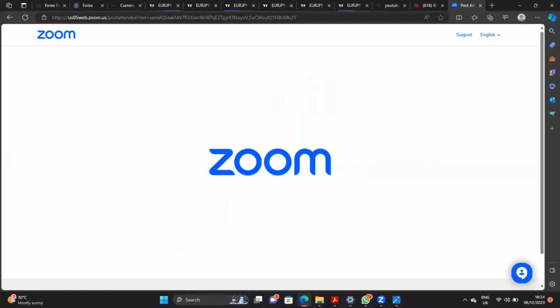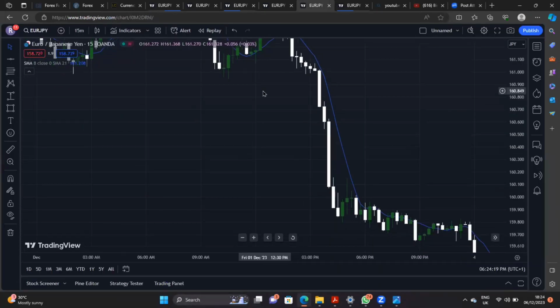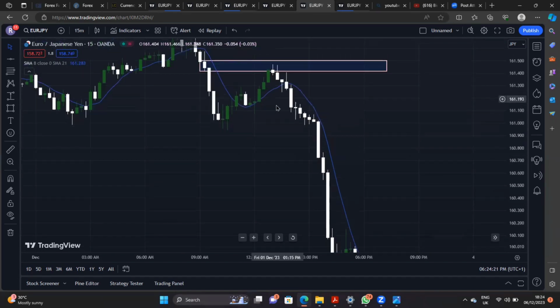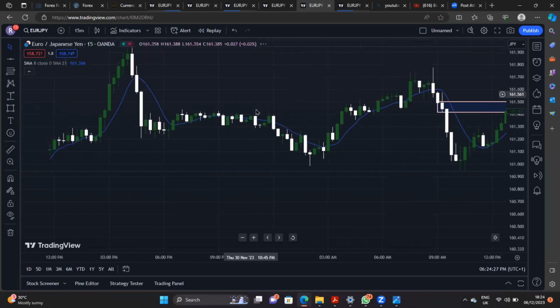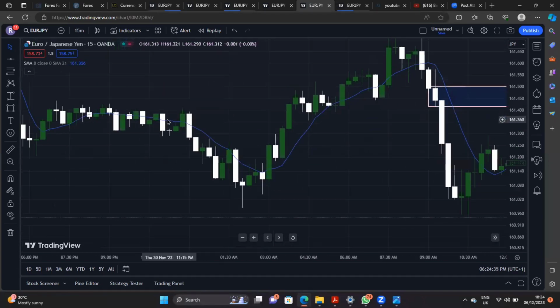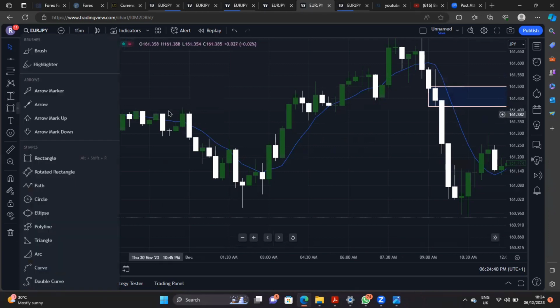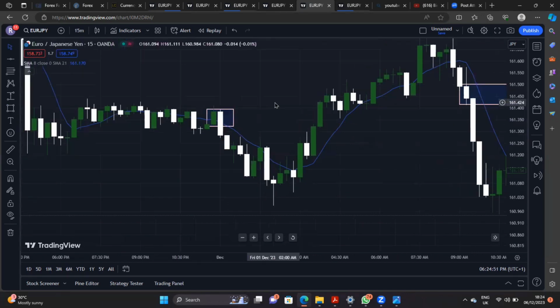Let me take you to the live chart so we can find a total engulfing on the chart. In areas around here, the market engulfed price around this zone. Here, price engulfed. You can see that zone.